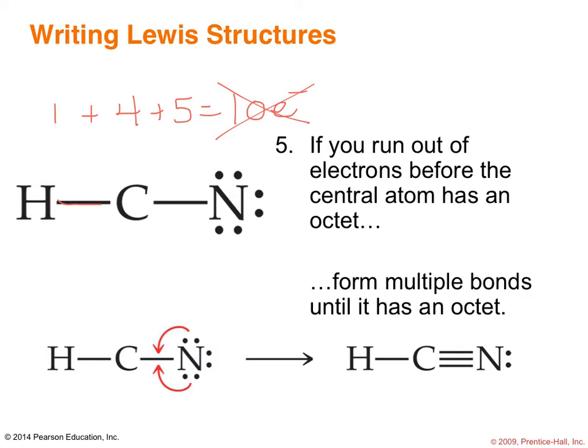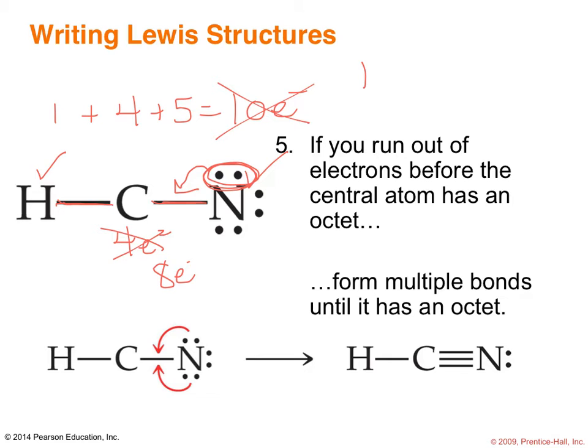Well, hydrogen's happy with 2 electrons, so it's okay. Nitrogen has an octet, so it's okay. Carbon, however, with this Lewis structure only has 4 electrons. Not cool. Every atom except for hydrogen and helium wants 8 electrons. So if you find that you're in that situation and you have no more electrons to place, you take one of the non-bonding pairs on one of the terminal atoms and turn it into a double bond.